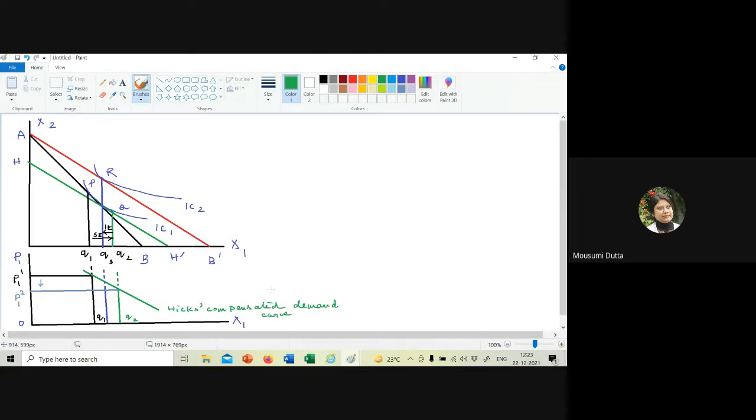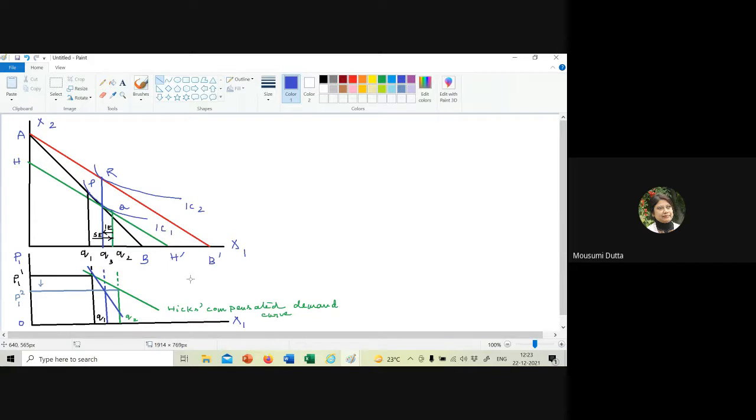Next, joining the original consumption point and this point, we can draw this straight line.